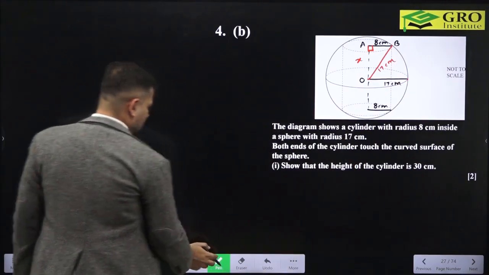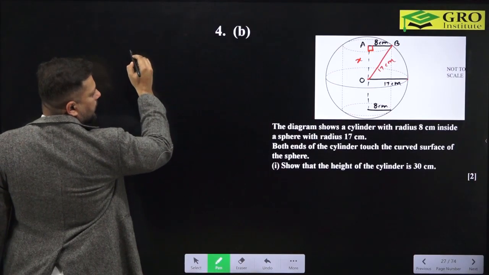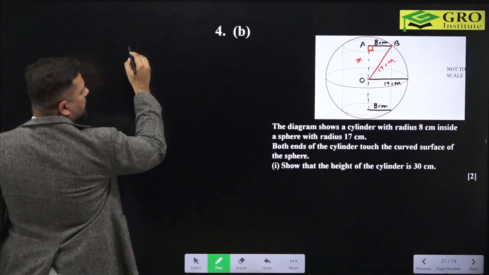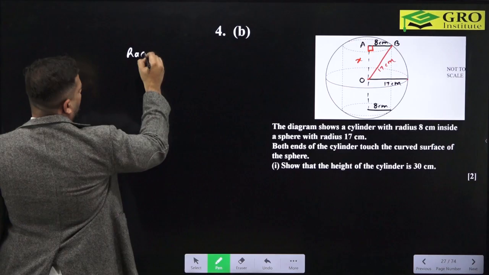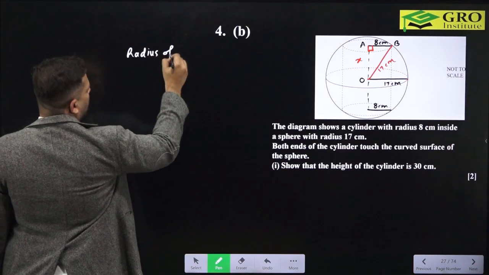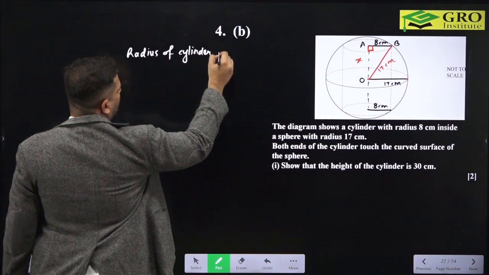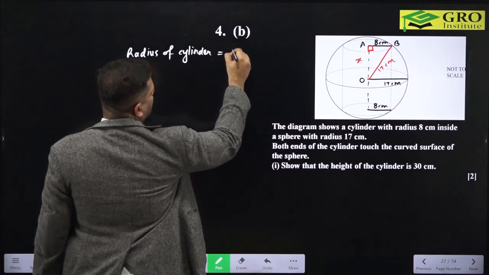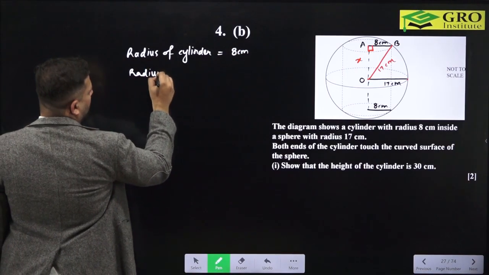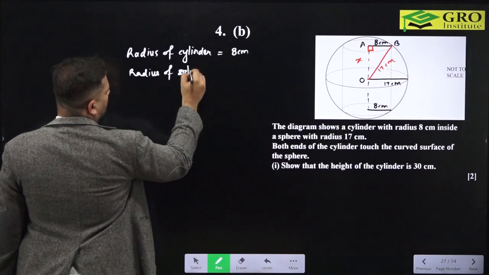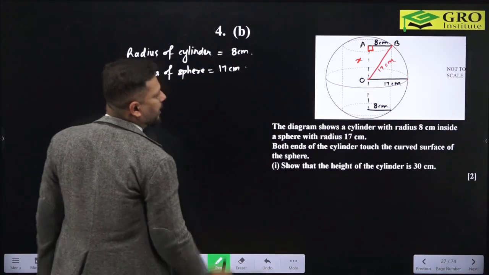So now, let us first of all write what is being given to us. Let us take the radius of the cylinder is given to us as 8 centimeter and radius of sphere is given to us as 17 centimeter, right, guys?